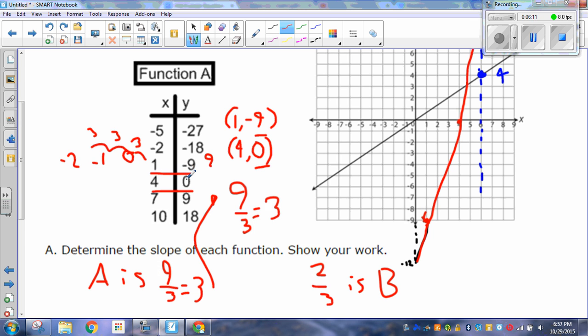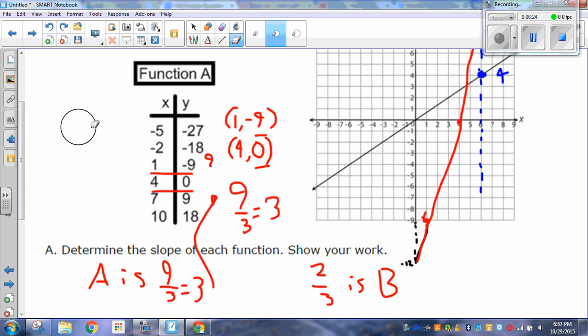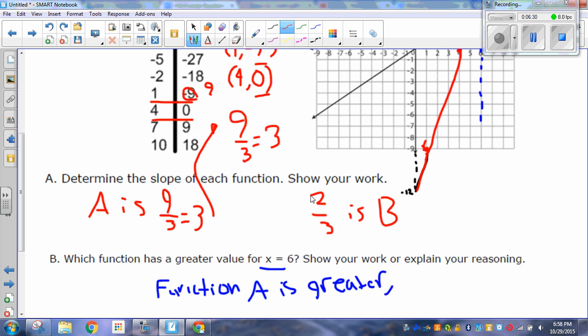And 4 is 0. 5 is 3. 6 is 6. 7 is 9. 8 is 12. And the idea is it's going up 3 every time. And with that in mind, I know that going down 3 from 1, from -9, is going to give me -12. And that's another way to find that.